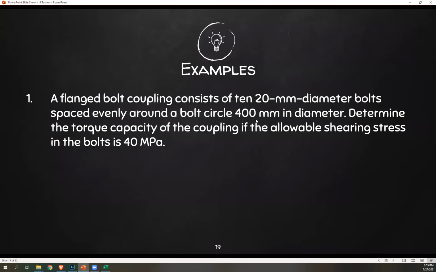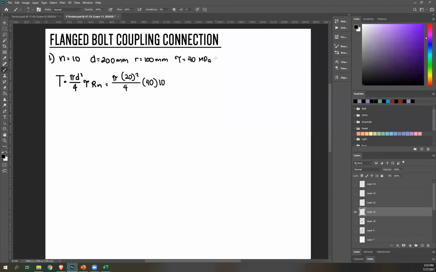Next, 400 millimeters in diameter. That's the dimension of your row. So that's capital D to distinguish it from the diameter of your bolts. Therefore, capital R is 200 millimeters. Right. So pi, no, it's 20.